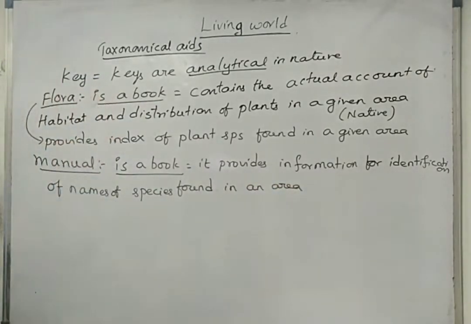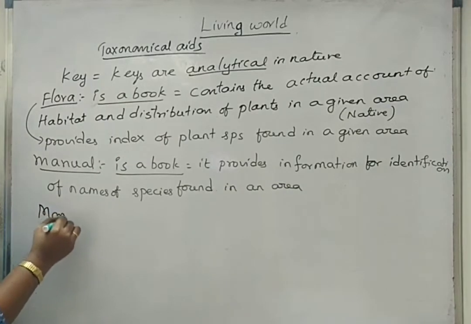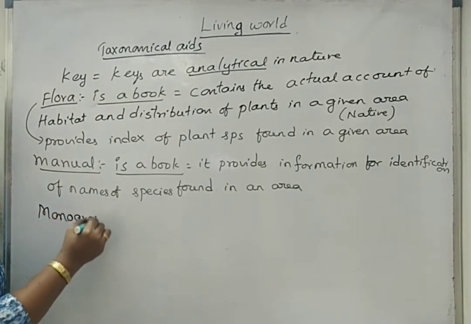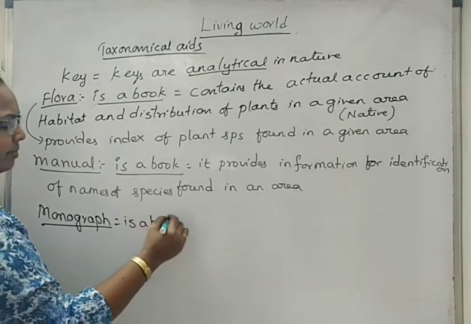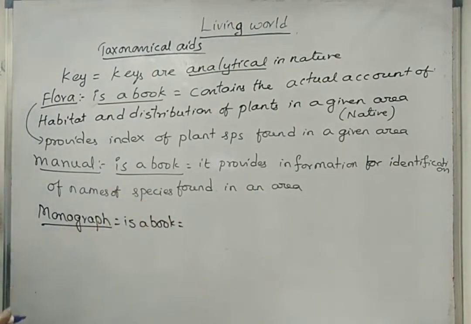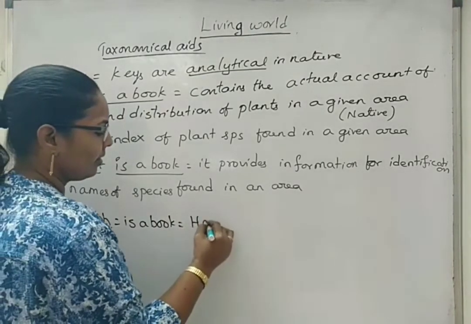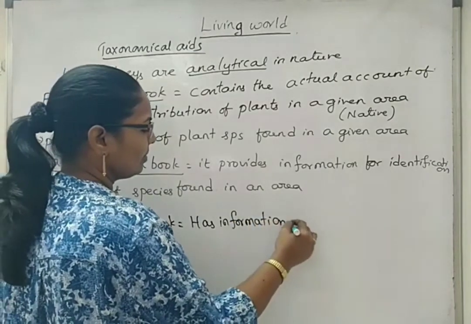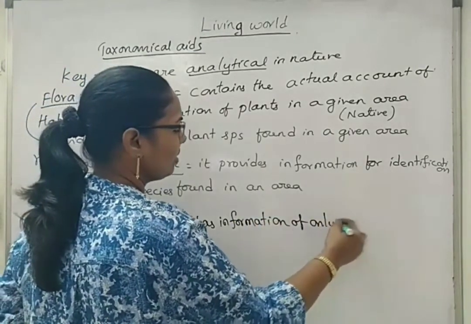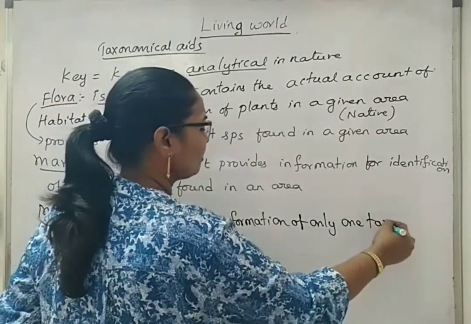Next, other taxonomical aid, monograph. Monograph is also a book. It has information of only one taxon.